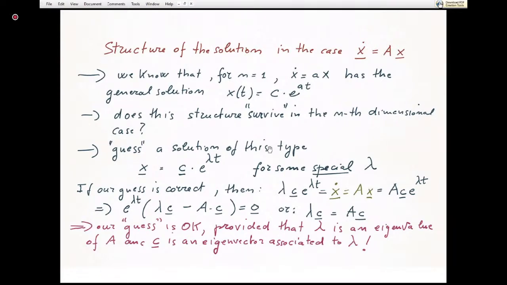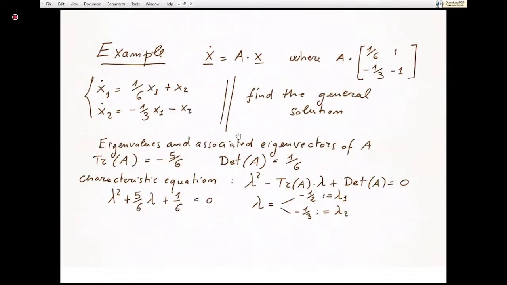So this is what was written in the previous slide, basically, the summary. Example. Now, the point is, don't get confused: we are not stating that all the solutions are of the type that corresponds to our guess.